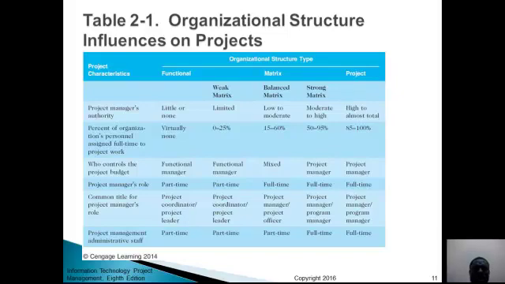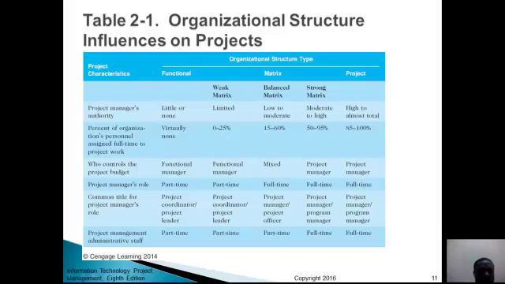In a weak matrix, it is very limited. In a balanced matrix, it is low, but in a strong matrix, it is very high. So I want you to study this structure, and then you will see how the organizational structure influences a project.